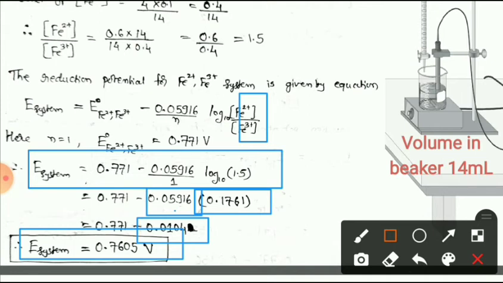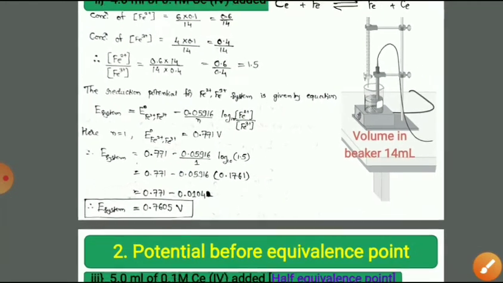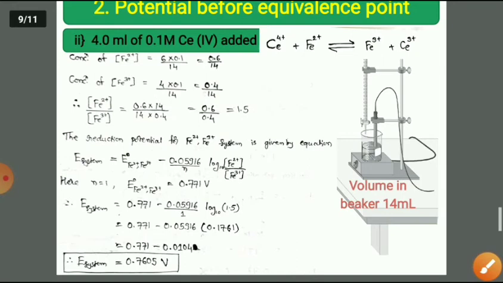So this is the potential of the system after the addition of 4 ml of 0.1 molar cerium-4 added from the burette into the beaker which contains the Fe2+ ion solution.